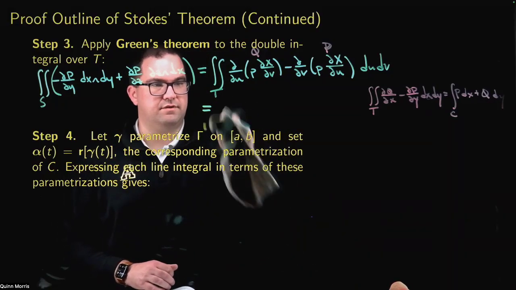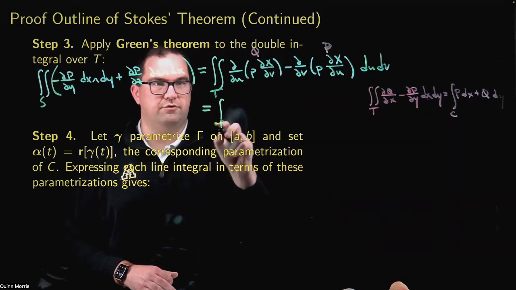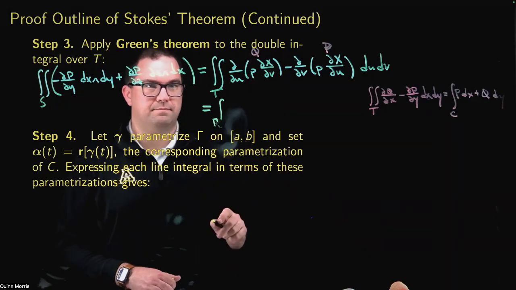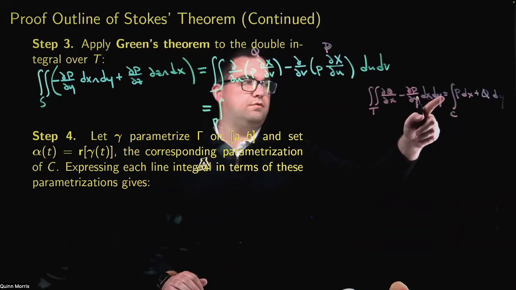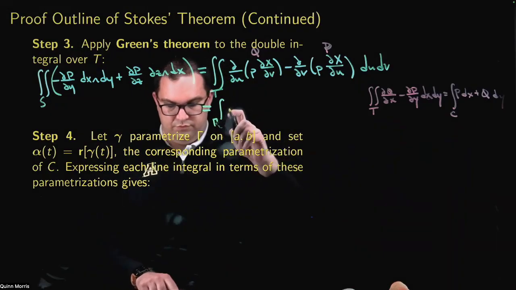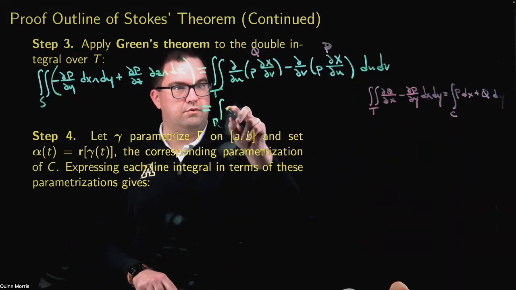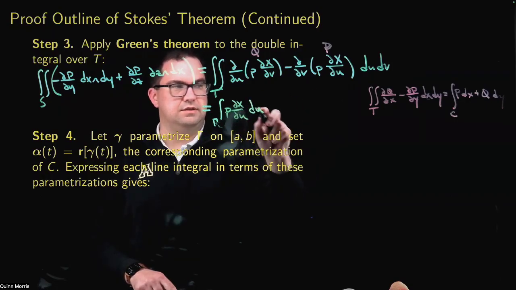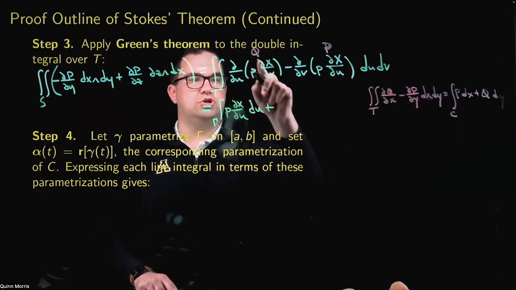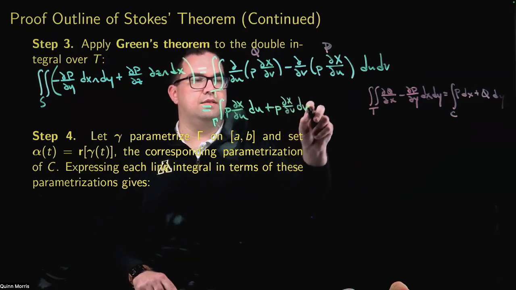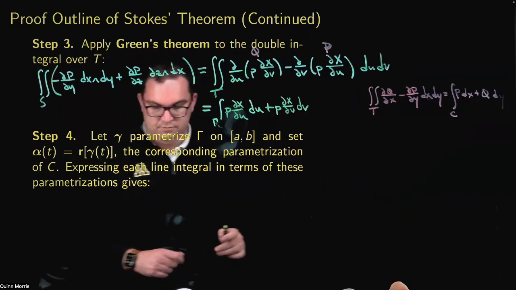This is the line integral over capital gamma of P dx, so that's P dx/du du, plus Q, which is just going to be P dx/dv dv.